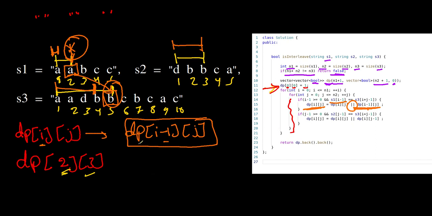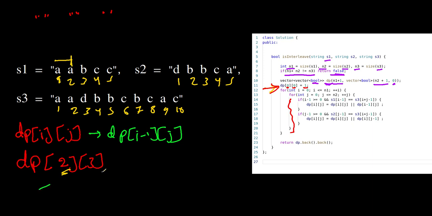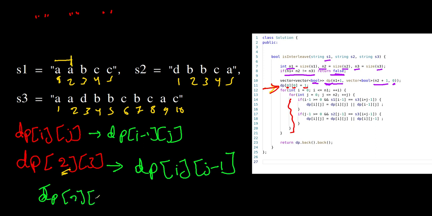Now the other possibility, instead of taking 1 from i, dp of i minus 1, j, we need to check dp of i, j minus 1. So in this case dp of 2, 3, we'll check dp of 2 and 2, notice j minus 1.